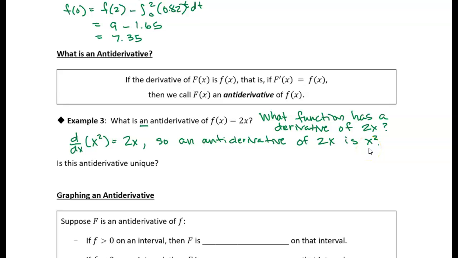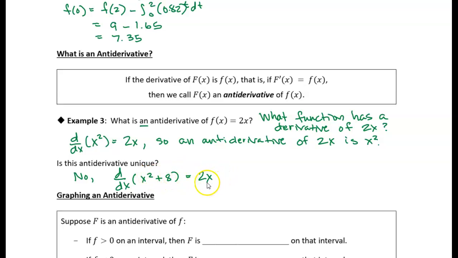So is this antiderivative unique? Well, no, you probably already guessed that. It's not unique, because if I took the derivative of, say, x squared plus 8, that also has a derivative of 2x, because the derivative of x squared is 2x and the derivative of 8 is 0.